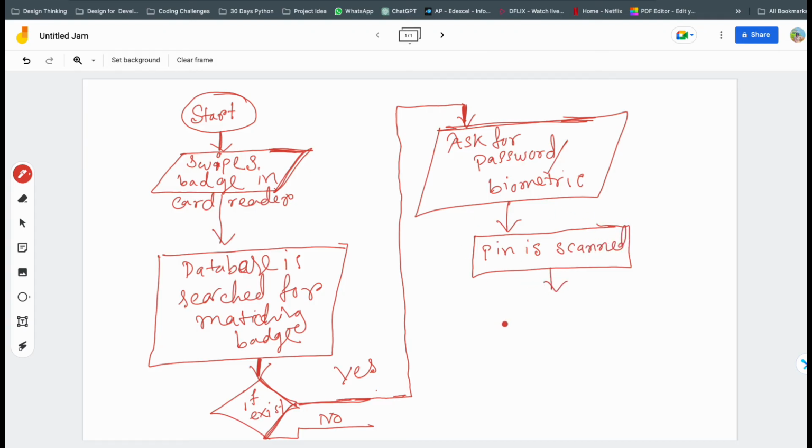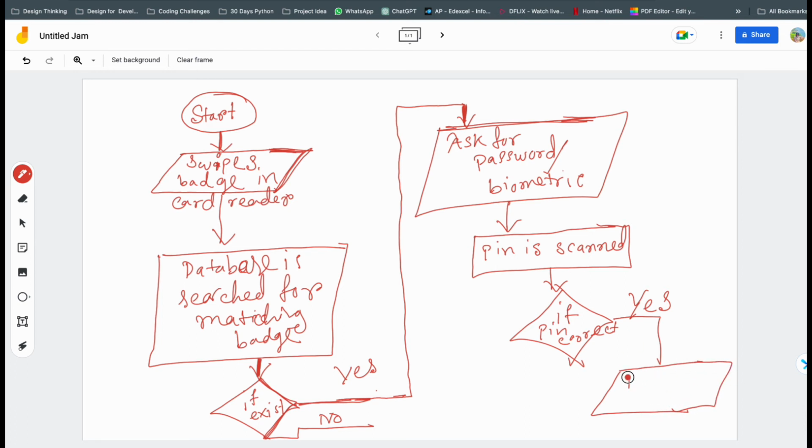And then again the logic part will come. If the pin is correct, there will be a path for yes and a path for no. If it's yes, what will happen? They will let the employee enter, right?